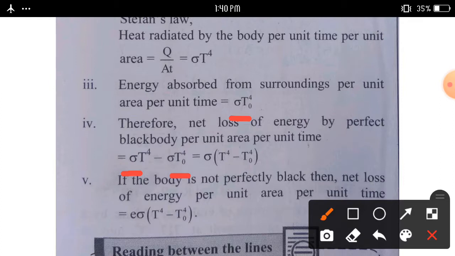Taking sigma common, sigma into T raised to 4 minus T0 raised to 4. If the body is not perfectly black, then the net loss of energy per unit area per unit time becomes E into sigma into T raised to 4 minus T0 raised to 4.